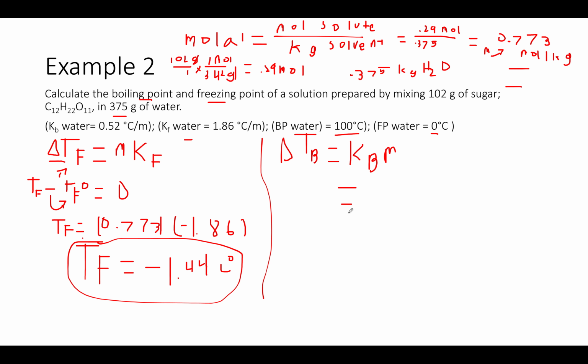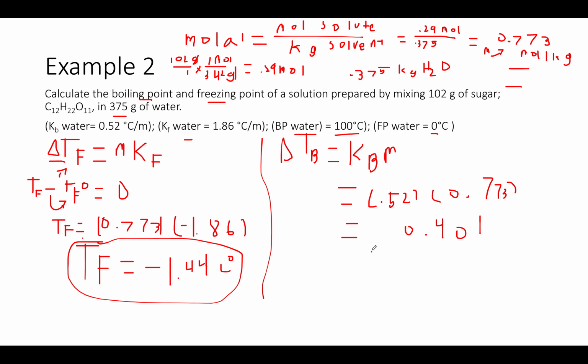So we can't just manipulate that around. So I'm going to do it the old-fashioned way here. I know that the Kb of water is 0.52. I know that the molality of our solution is 0.773. So that means that this solution is going to have a final boiling point elevation of 0.401.